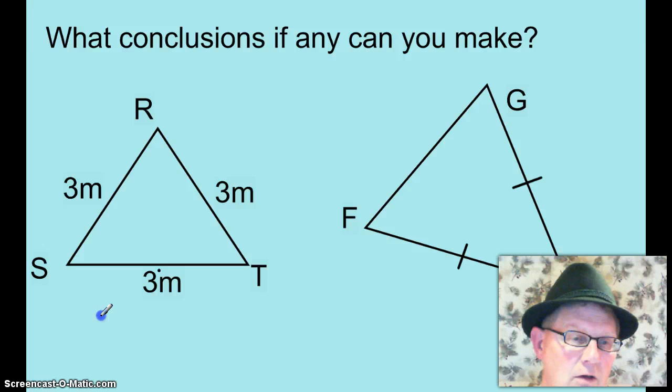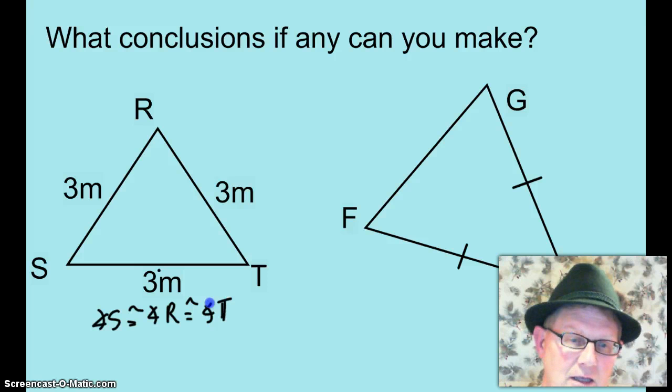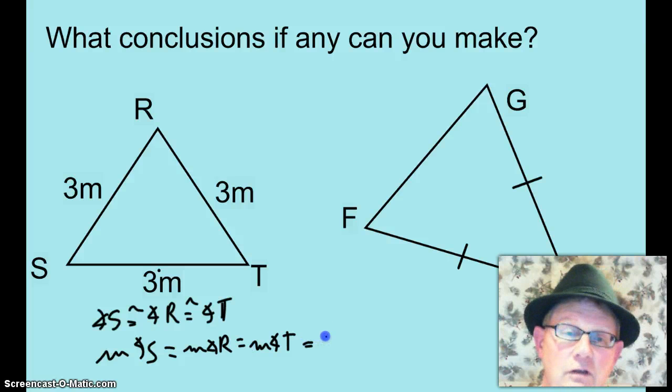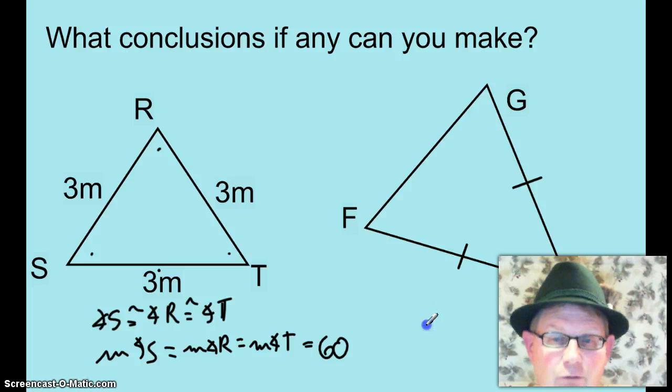You should be able to tell me that angle S is congruent to angle R, which is congruent to angle T, and the measure of angle S equals the measure of angle R equals the measure of angle T, which equals 60. All three of them have to have a measure of 60 because if it's equilateral then it's equiangular.